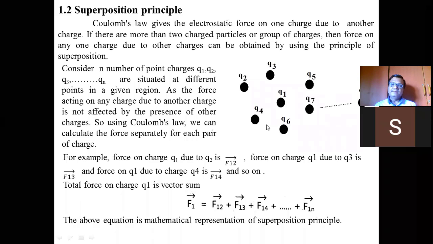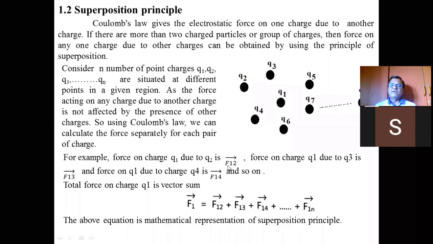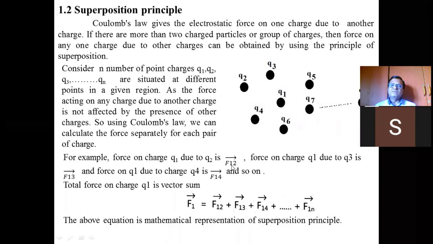Then vector addition of all these forces gives the resultant force acting on charge q1. For example, force on charge q1 due to charge q2 is F12 bar. That is the vector form we have seen earlier. F12 bar means this is a vector and this is the force exerted on charge q1 due to charge q2.